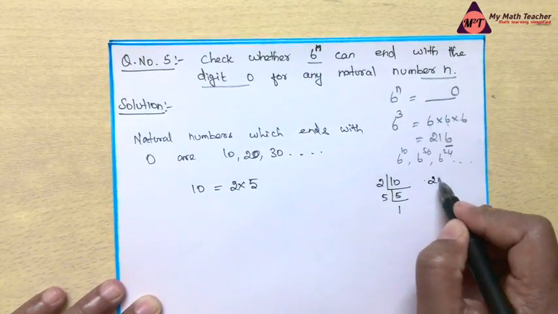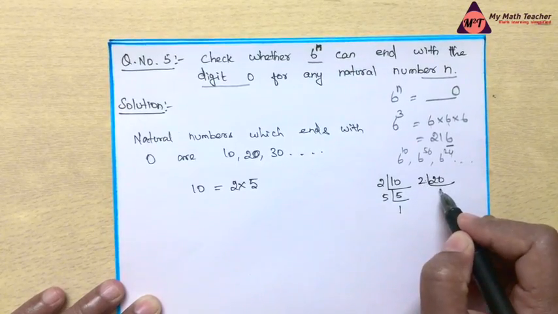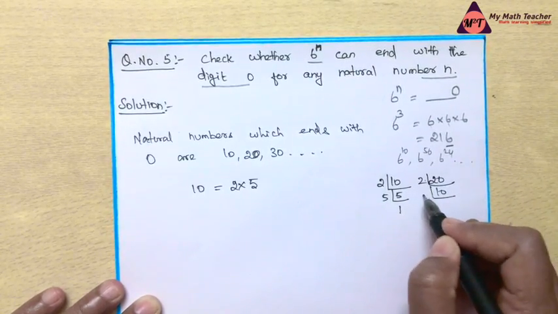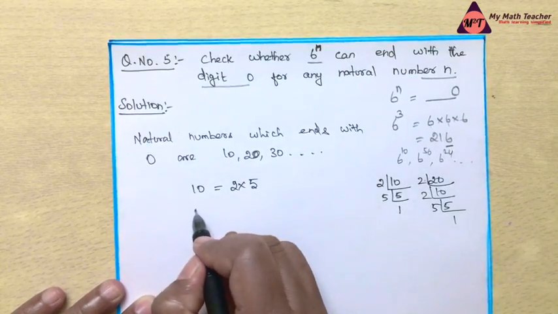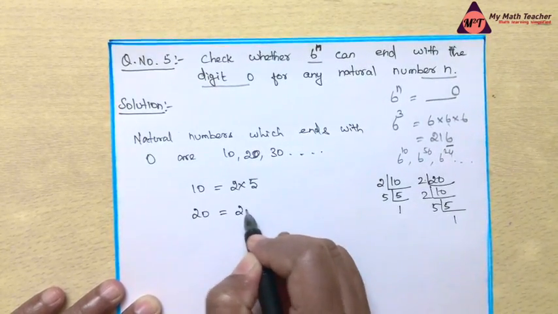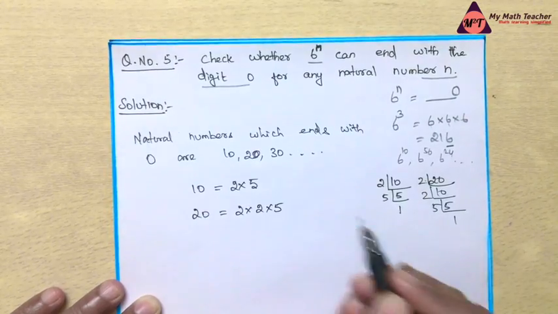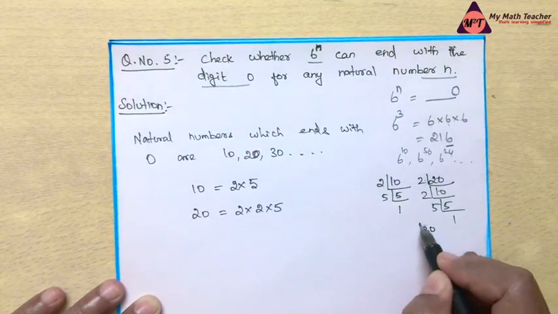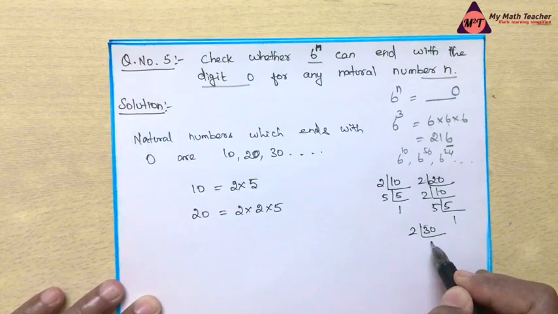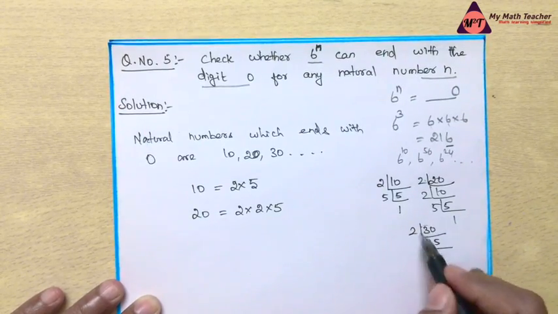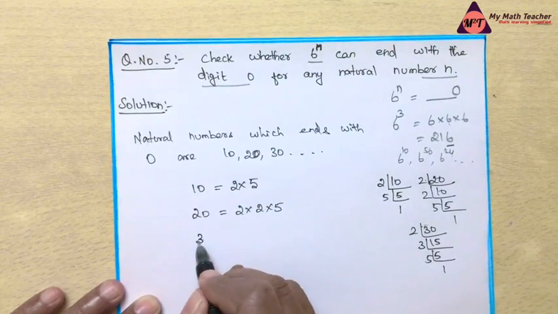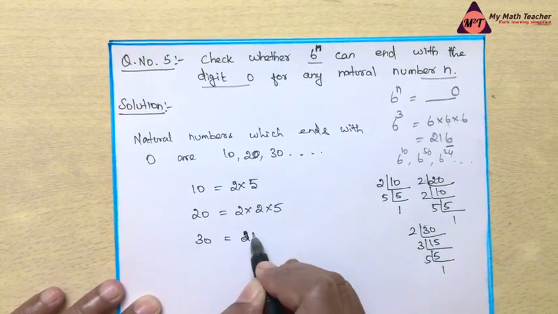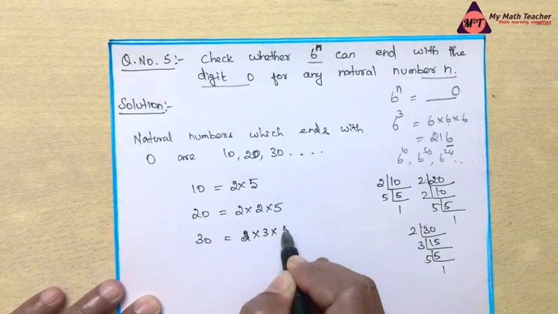The next number 20, again 2, 10, 2, 5. Again 5, 1. 20 can be written as 2 into 2 into 5. The next number 30, it can be written as 15, 3, 5, 5, 1. 30 can be written as 2 into 3 into 5.